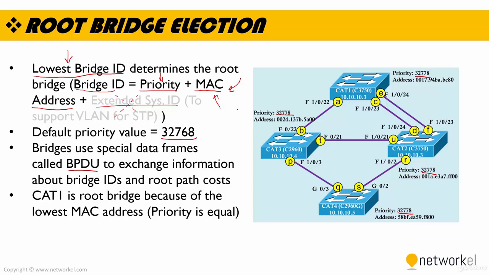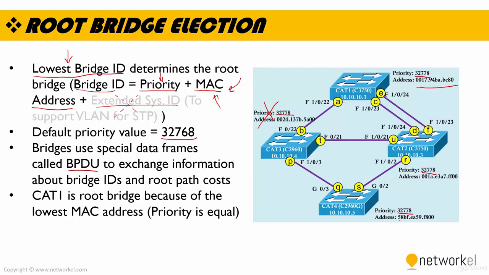The switch which has the lowest MAC address will be our root bridge in this scenario. If you check here, this MAC address is 0017. This is 0024, which is bigger, so I eliminated this.